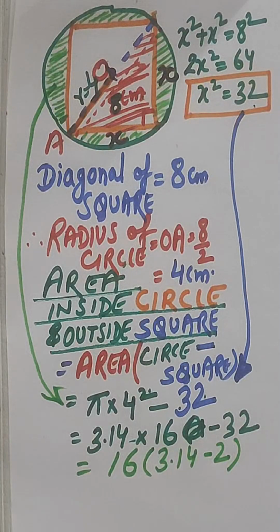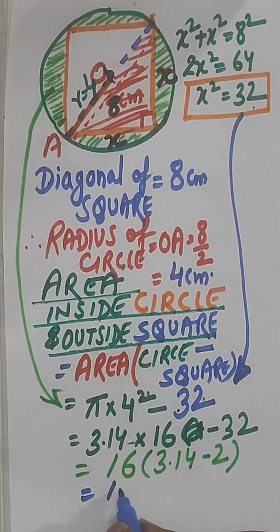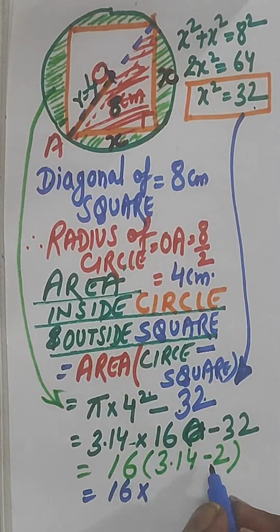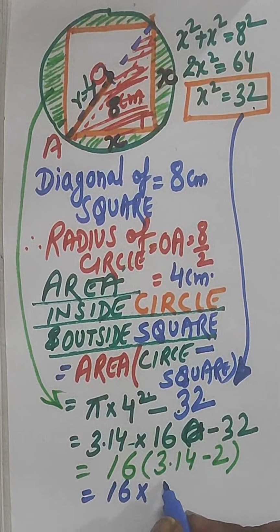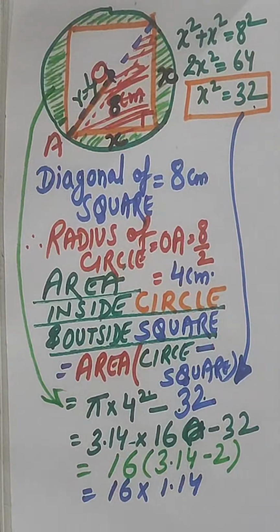So this will give you 16 multiplied by, when 3.14 subtracts 2, it will be giving you 1.14.